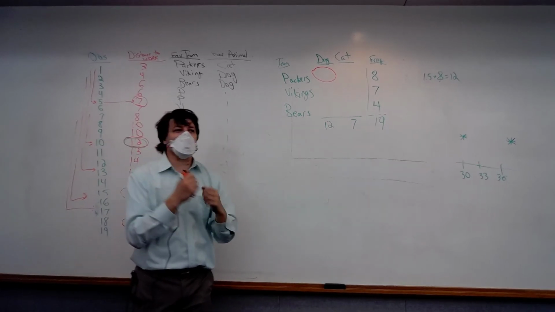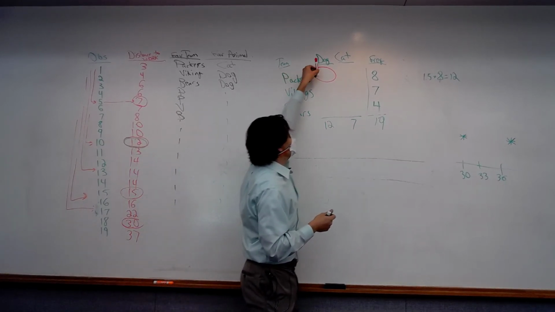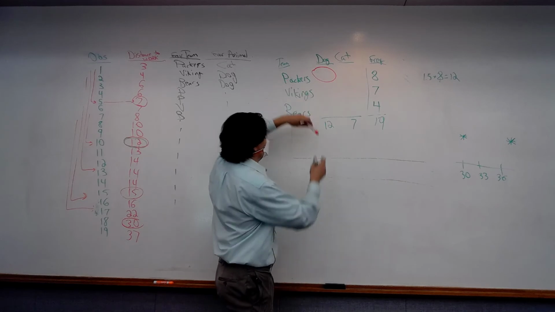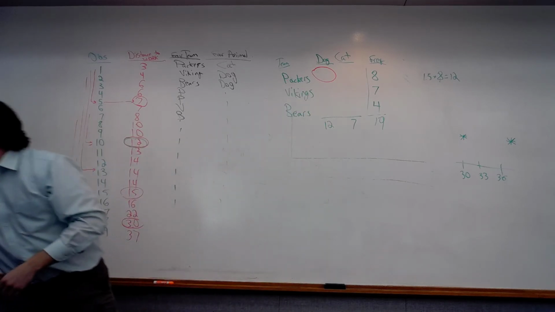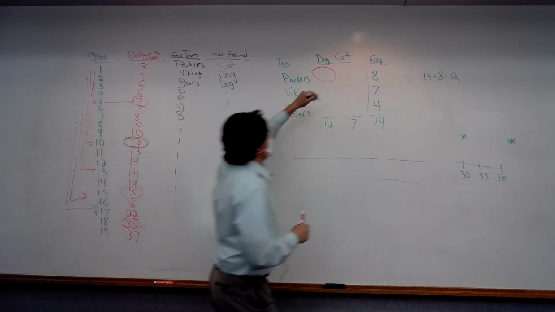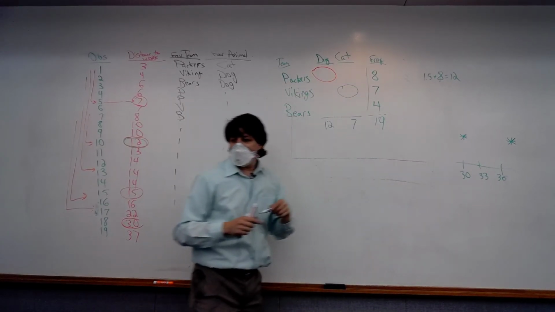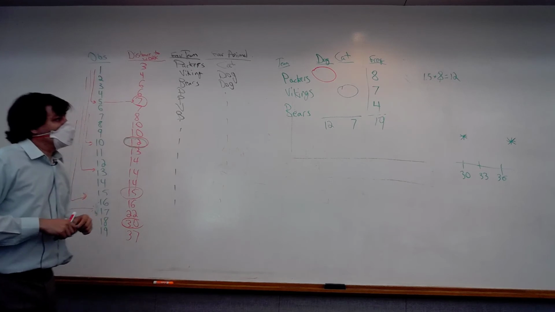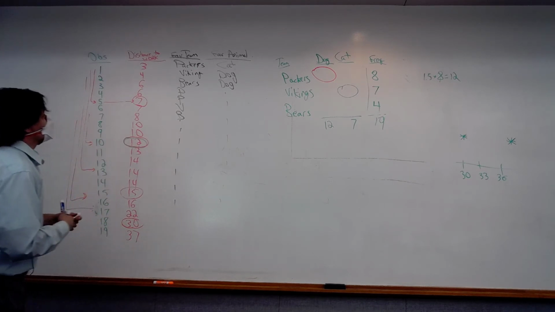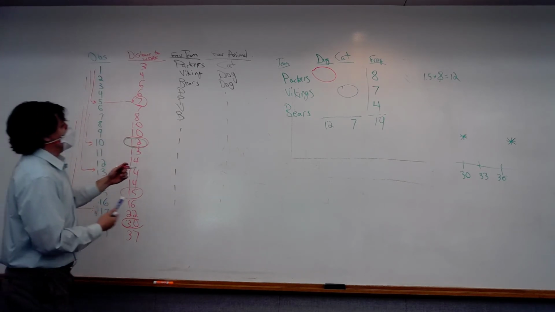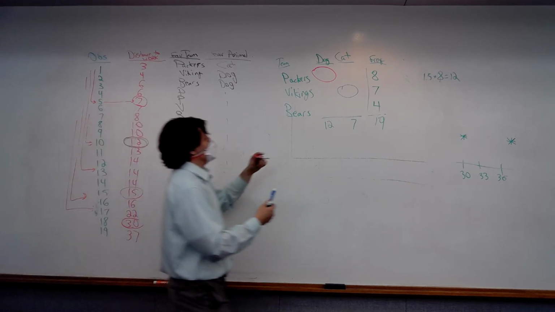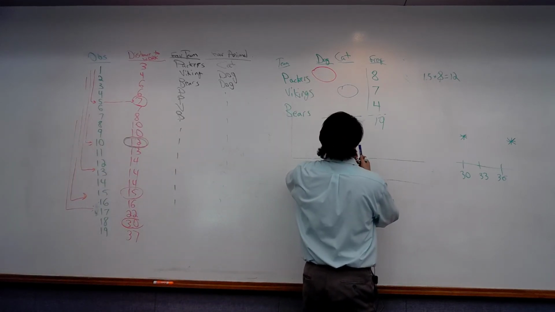Both of these things are true: Packers and dog. In the blue over here, that's a Vikings and a cat. So how many Packers fans liked a dog? Maybe it came out that there were 5.